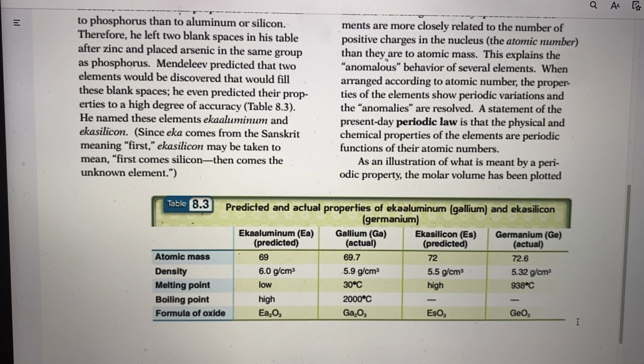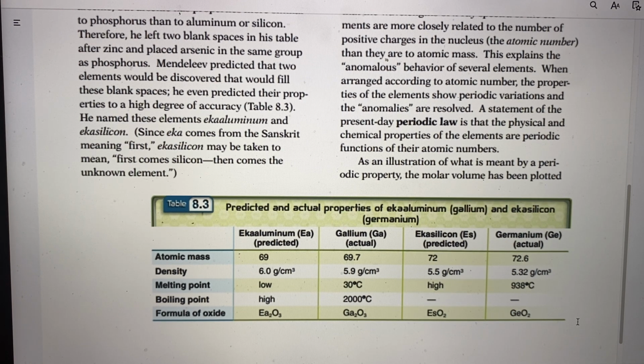So it was almost like he was predicting the future, because there was a blank place in his table that he knew there needed to be another element with that atomic mass, or now we know it's atomic number. So he knew there had to be one, but he didn't know what it was yet.